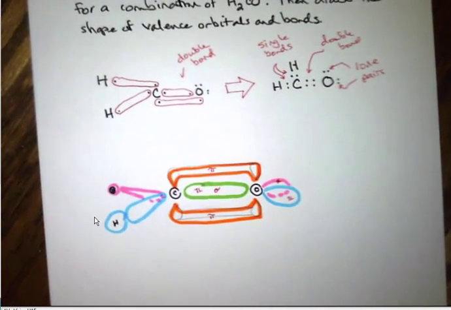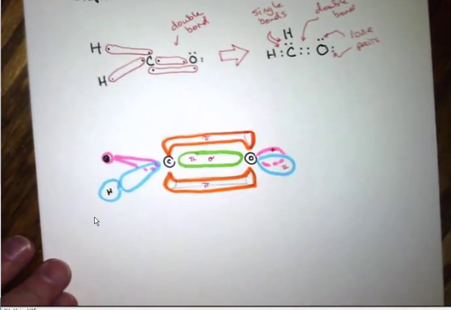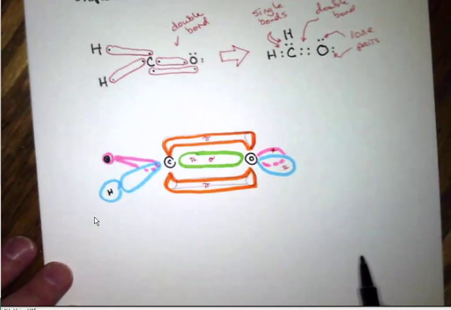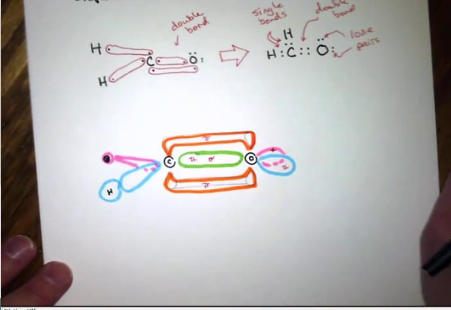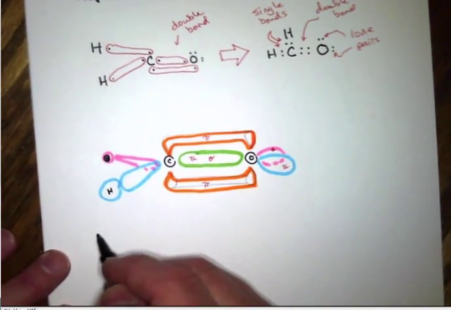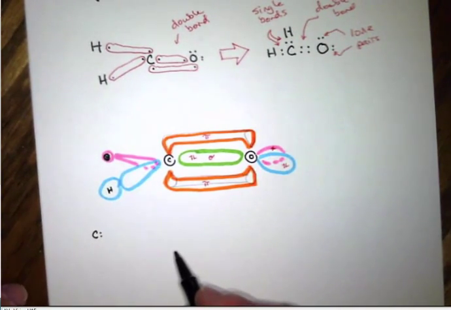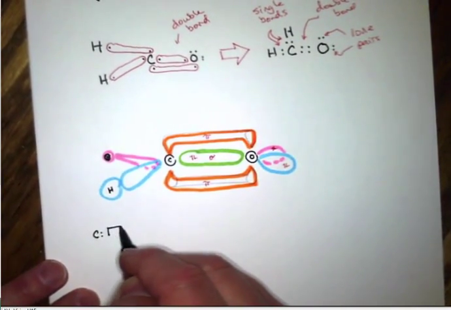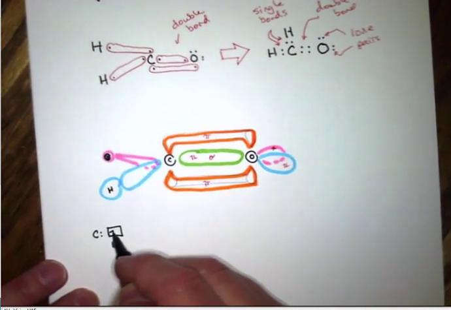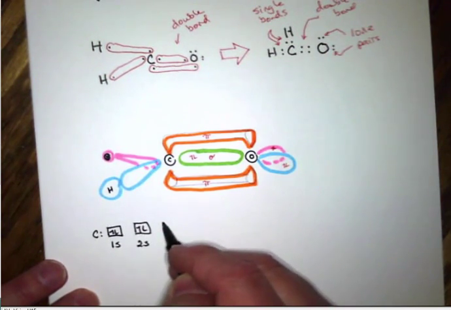All right. So we need to go back to orbital notation to see what's happening with the hybridization. So let's take a look at the carbon here. The original unhybridized set of orbitals for carbon look like this. You had 1s, then we had 2s, and then we had 2p.